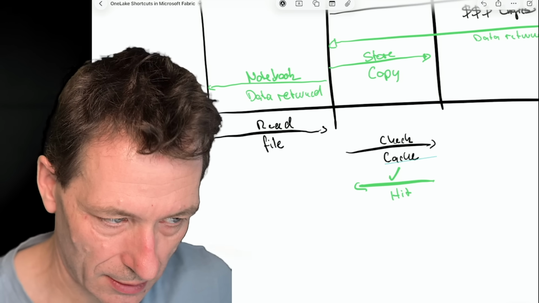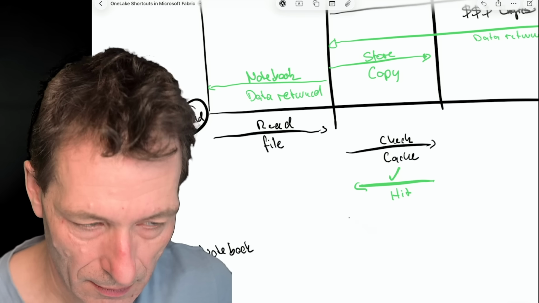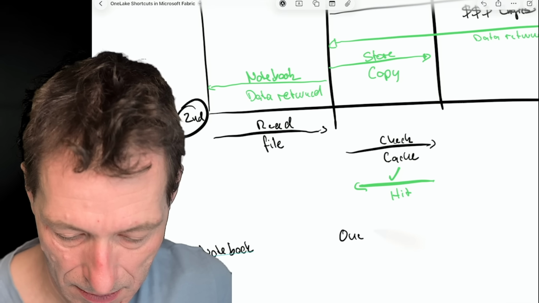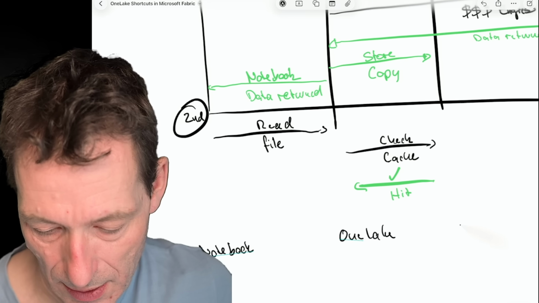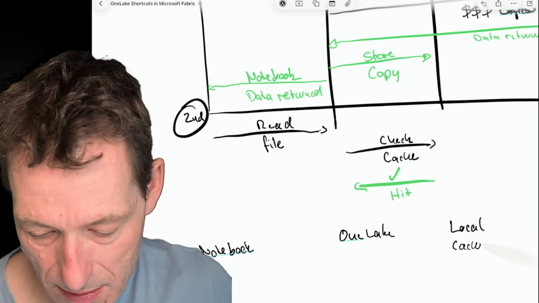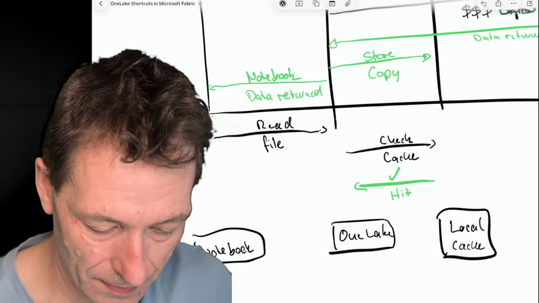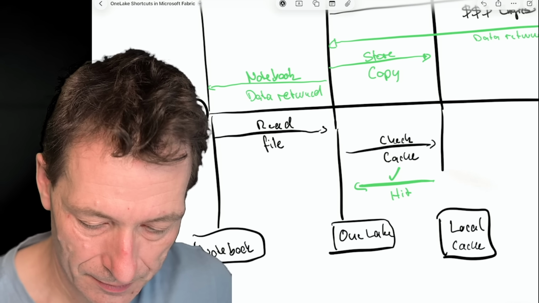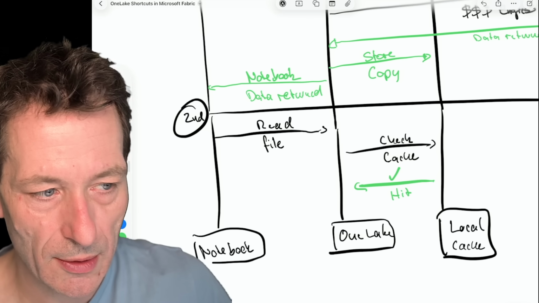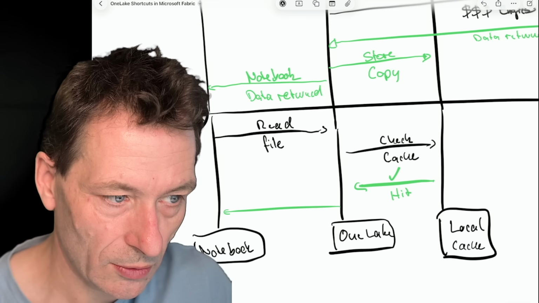So this is like notebook, right? This is OneLake. And this is our local cache. Local cache, OneLake, notebook, just to make it clear. There we go. We have a hit from the local cache, and the data is returned to the notebook.